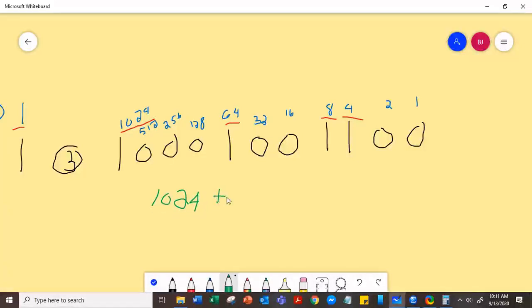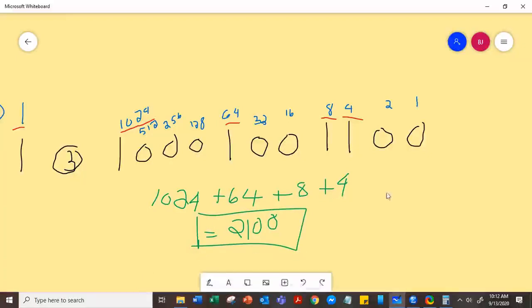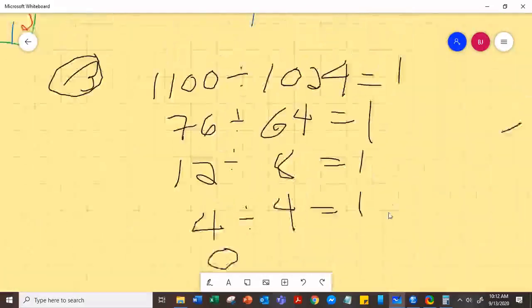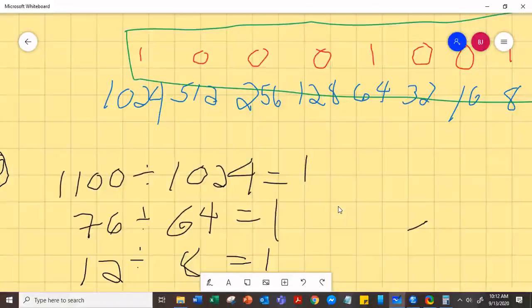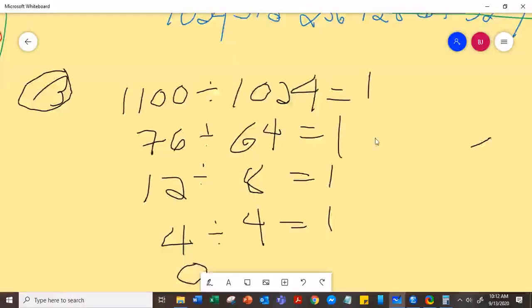1024 plus 64 is 1088, plus 8 is 1096, plus 4 would be equal to 1100. Yes. So this would be the same answer here, 1100.